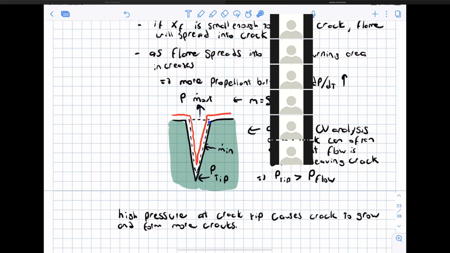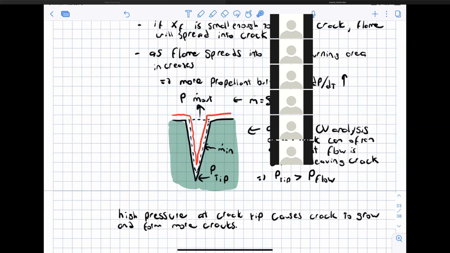You can almost think of this crack as acting like its own little rocket nozzle, in a way. The combustion chamber of this little crack-based rocket nozzle is the crack itself, and so the pressure at the head end of the crack will be much higher than the pressure at the exit of the crack.